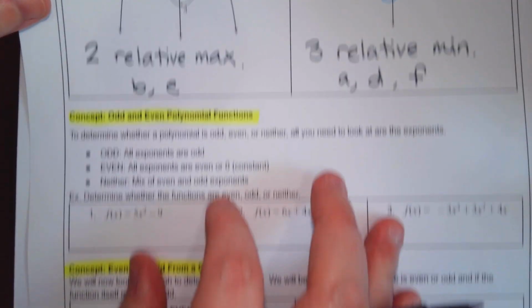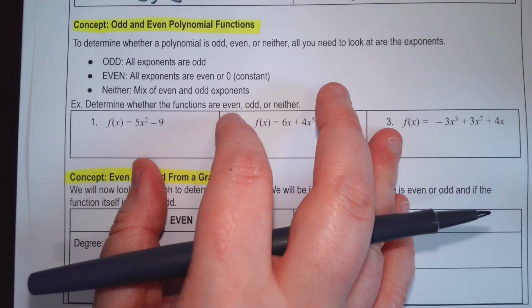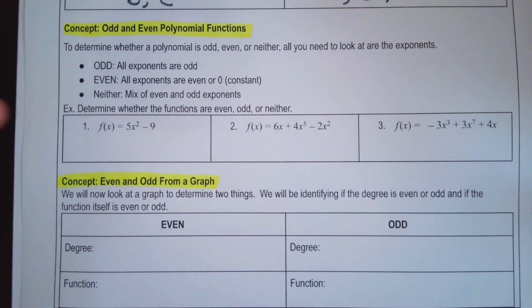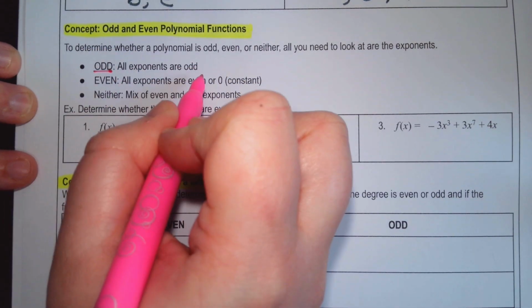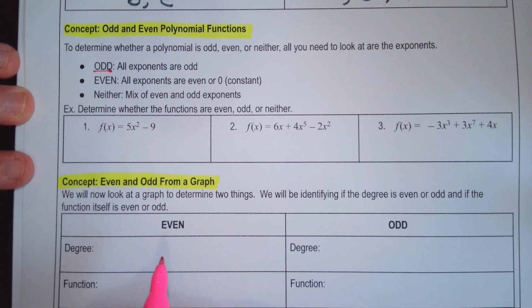All right, our next concept, odd and even polynomial functions. You will not see a graph in this skill. Instead, it's going to be an equation. So we need to determine whether a polynomial is odd, even, or neither. All you need to do for this is to look at the exponents. If it is odd, that means all exponents are odd.